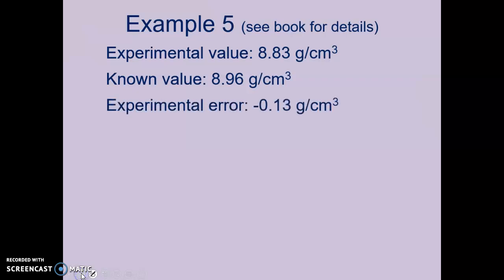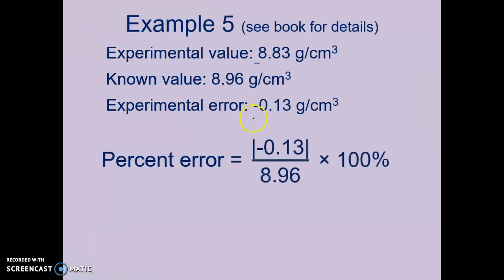Okay, we know experimental error is experimental value minus the known value. So 8.83 minus 8.96 gives us an experimental error of negative 0.13. To find the percent error, we divide that by the known value.